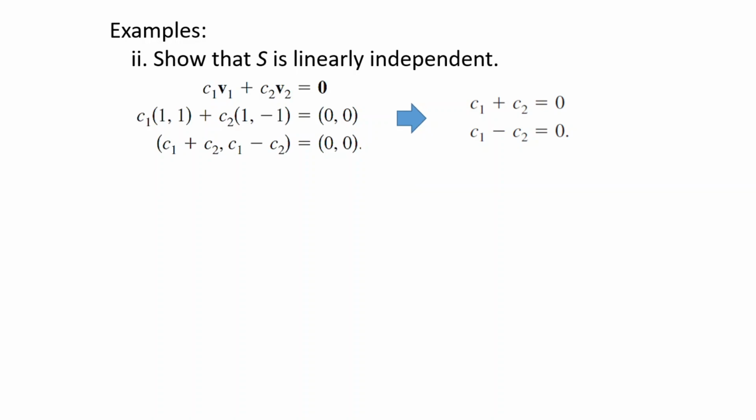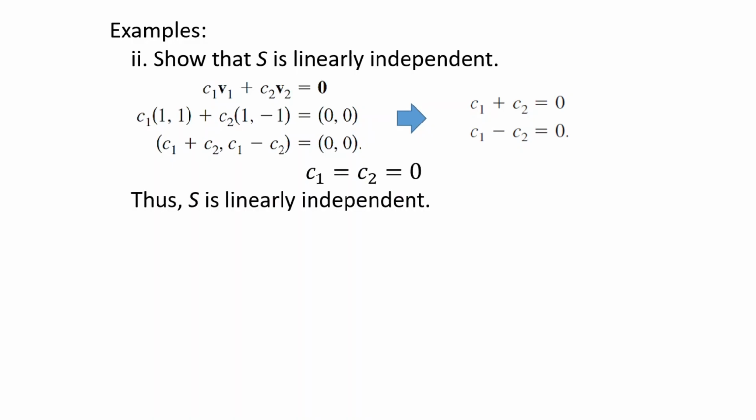Since the determinant of the coefficient matrix of the system is non-zero, it has a unique solution, which is the trivial solution, c sub 1 equals 0 and c sub 2 equals 0. Therefore, we say that S is linearly independent. By the way, you may also use the idea that since these vectors are not scalar multiples of each other, then the set S is linearly independent. This was introduced as a corollary in the last part of the previous chapter or lesson.